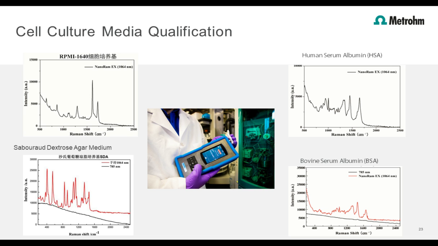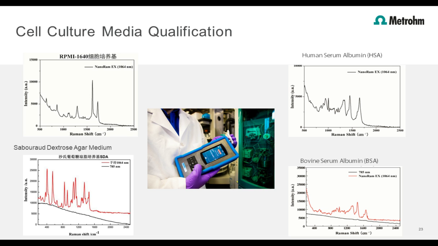So typically cell culture media is very complex. So they're usually composed of a mixture of amino acids, vitamins, glucose, and serums as well. So for raw material identification of cell culture media, handheld Raman is a really useful tool for this.